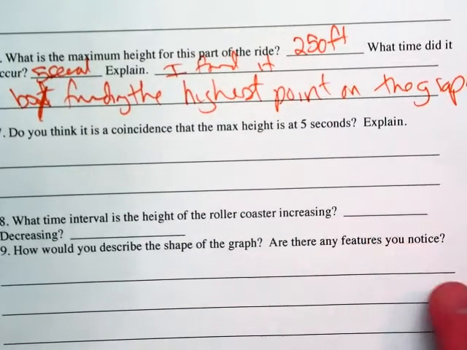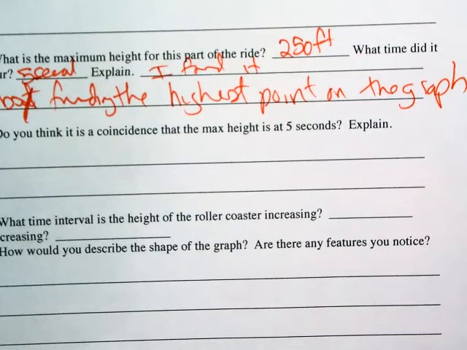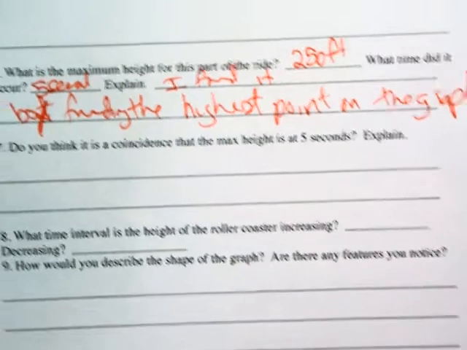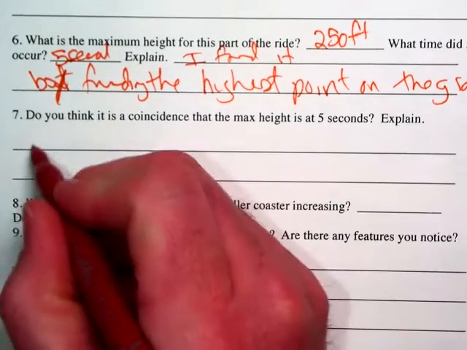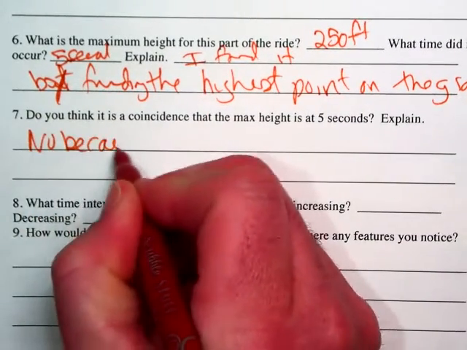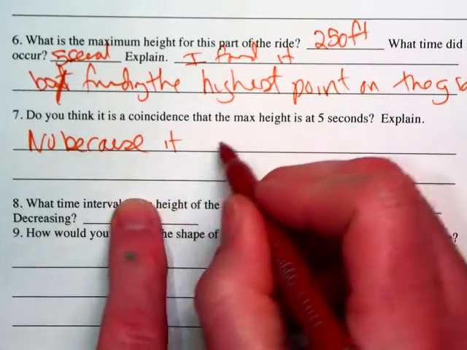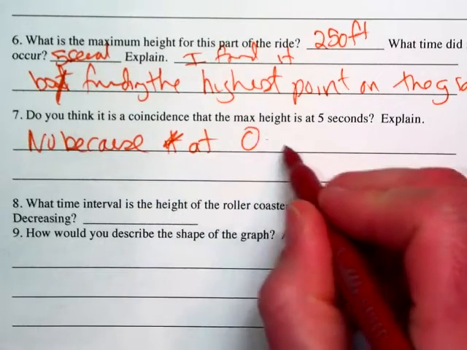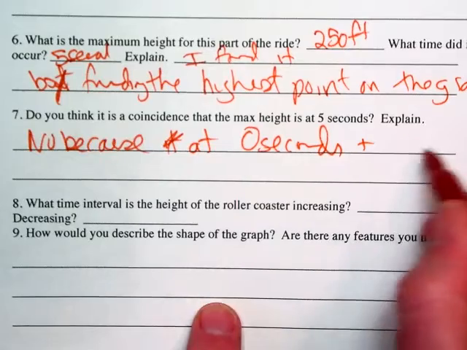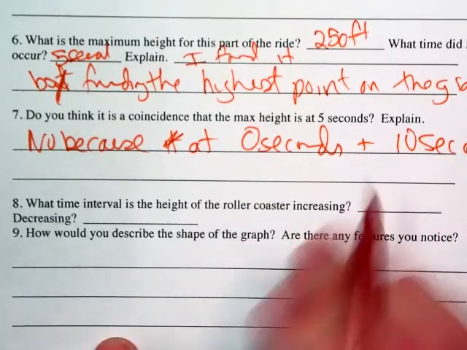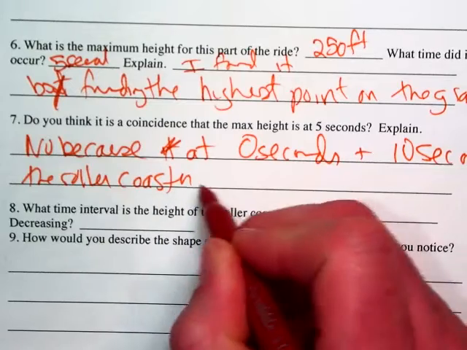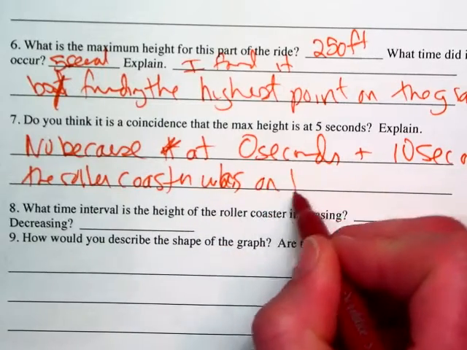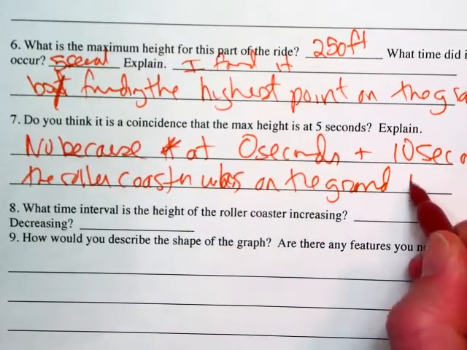Do you think it's a coincidence that the max height happened at 5 seconds? I would say no. That's why we designed this lesson. No, because at 0 seconds and 10 seconds, the roller coaster was on the ground, and 5 seconds is the halfway point.